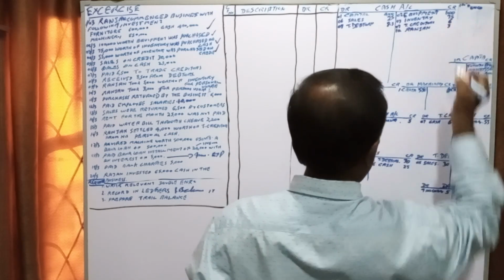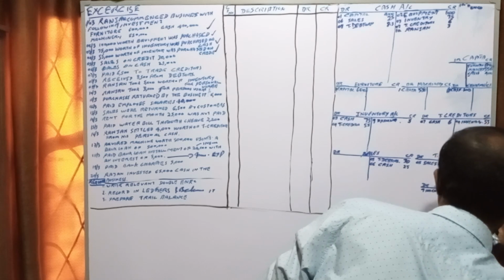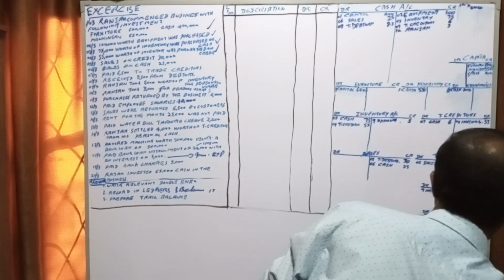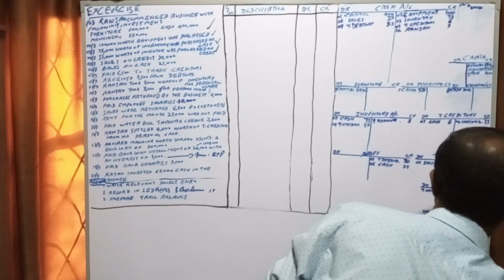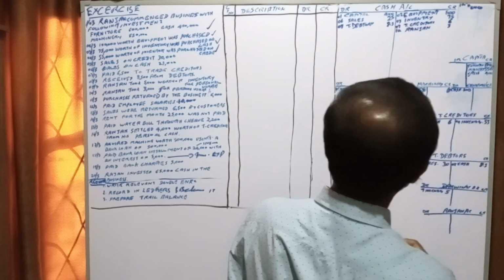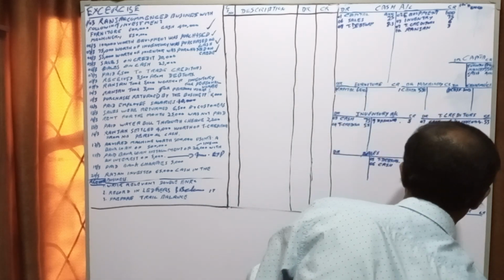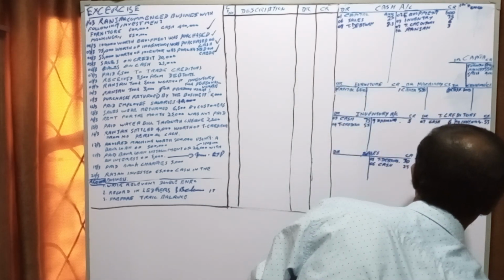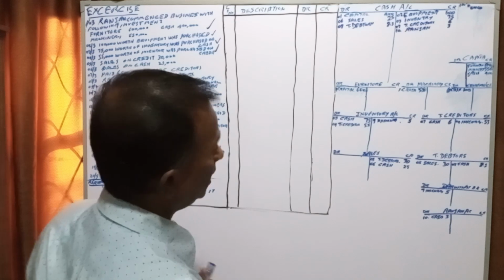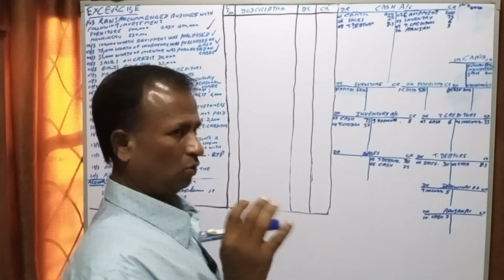Here we will open a Ranjan account, with DR and CR sides. We have to receive 3, so we are putting 3 on the 10th. What do we receive? Cash. So understood what has taken place here. Ranjan is the owner's name.